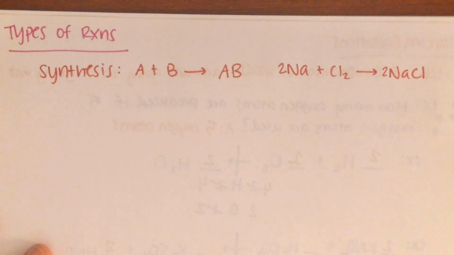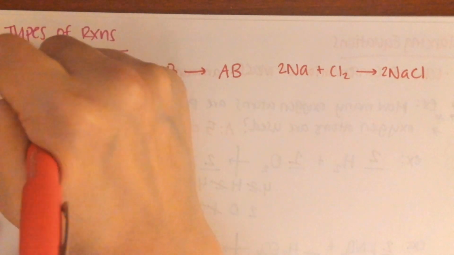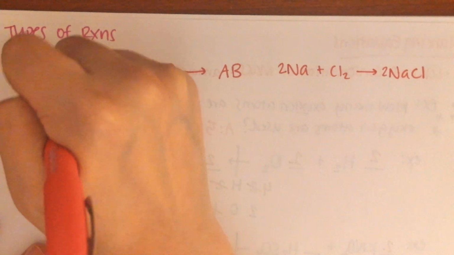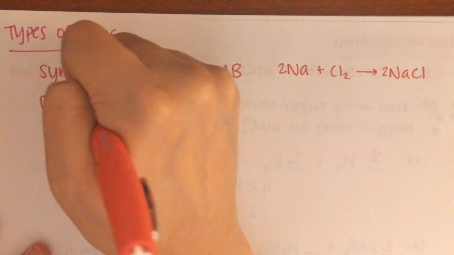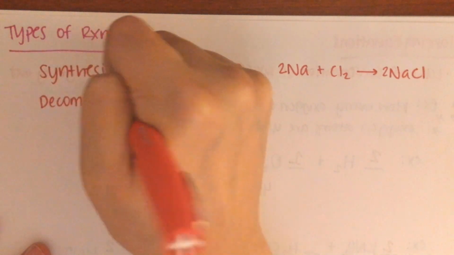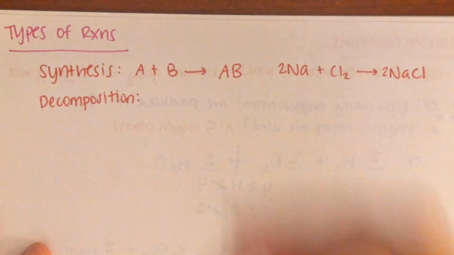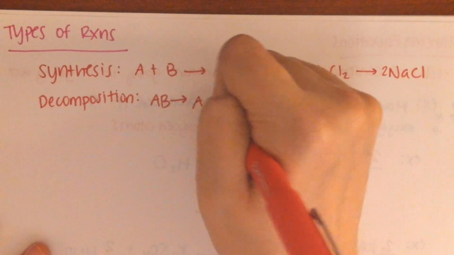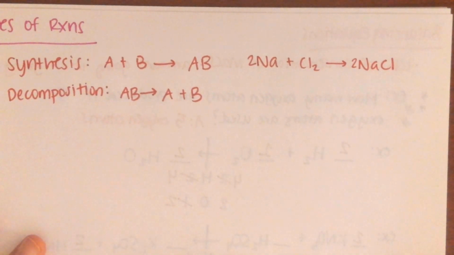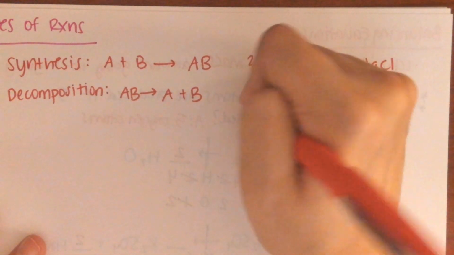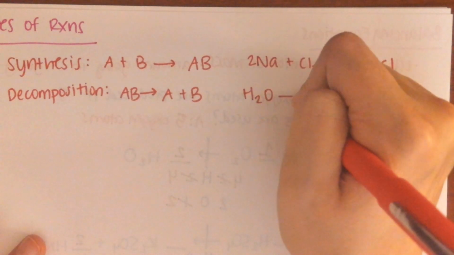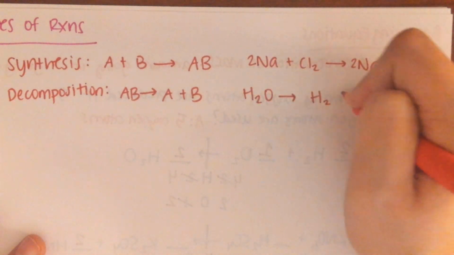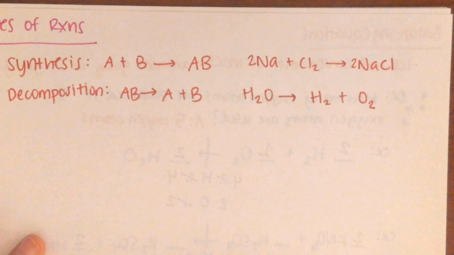Alright? So that's synthesis. But then there's the other way around, where you start with a compound, breaks down to elements, so that's decomposition. So that's literally backwards. Compound breaks down to A plus B. So let's say I have water, H2O, breaks down to hydrogen and oxygen gas.